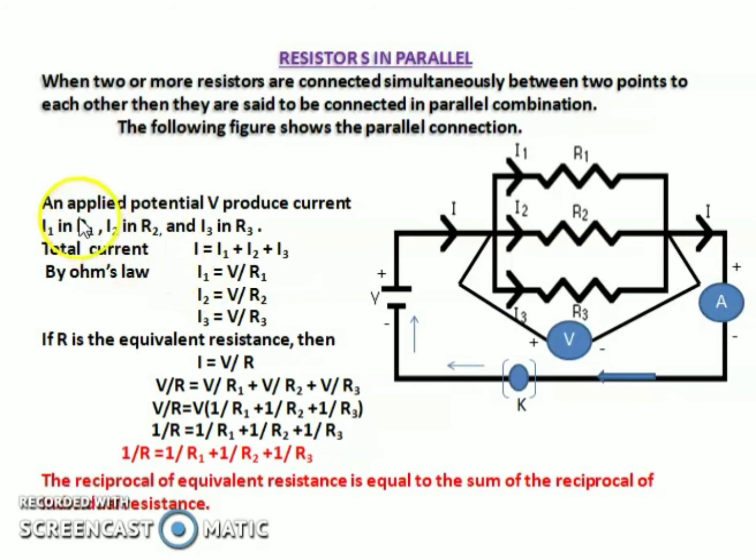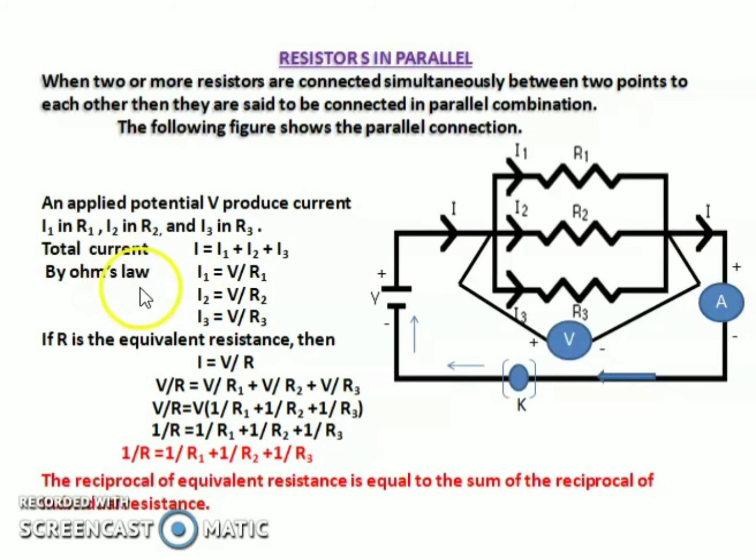So an applied potential difference produces current I1 in R1, I2 in R2 and I3 in R3. The total current I is equal to I1 plus I2 plus I3. But in series, the potential difference is different and here the current is different.